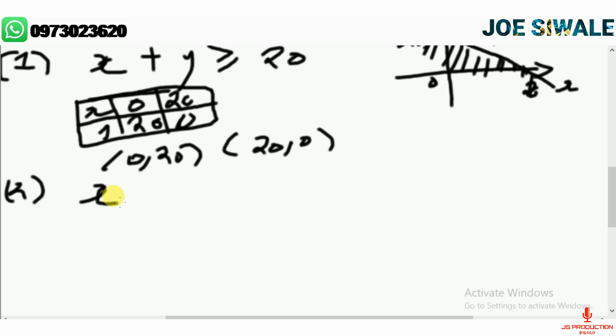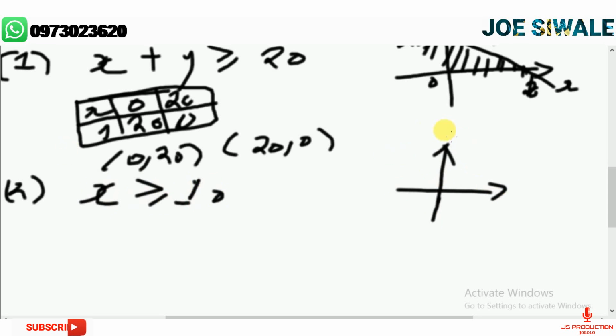Since our whiteboards represent x, and we know that it's greater than or equal to 10, showing this on the graph, you can just draw a sketch.